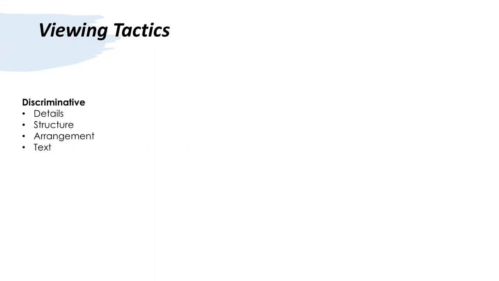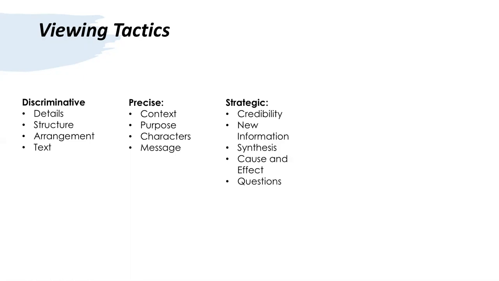The first tactic or the set of tactics is discriminative viewing, viewing for details, structure, arrangement, how the text supports images. Precise viewing, what are the purposes of the creator or the people involved, the message that's being projected, those characters that are involved.